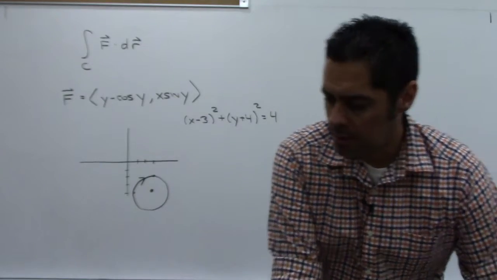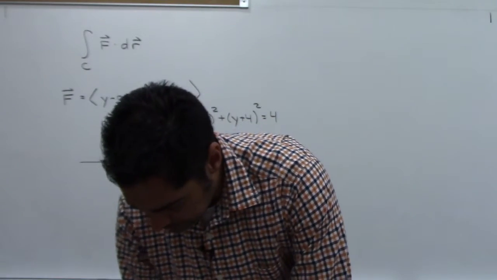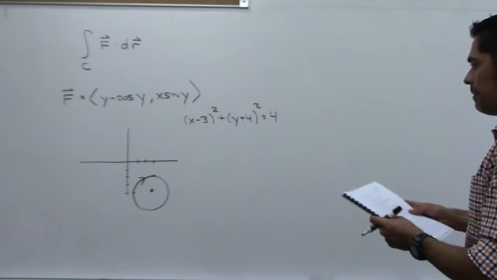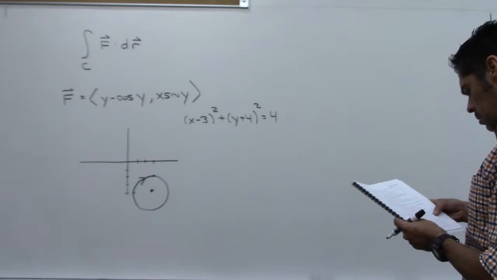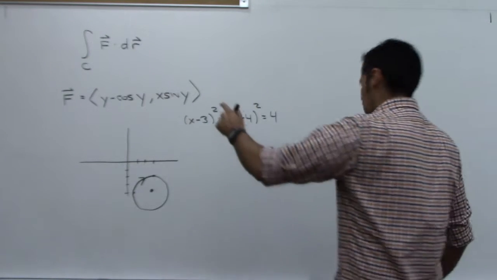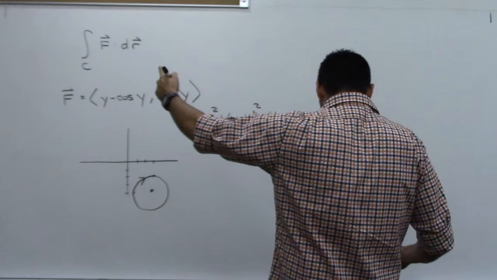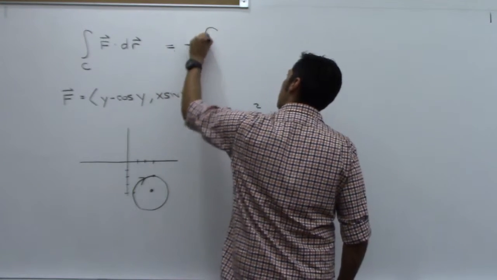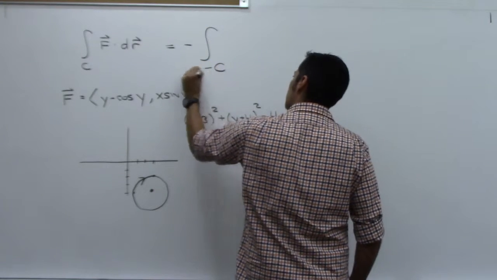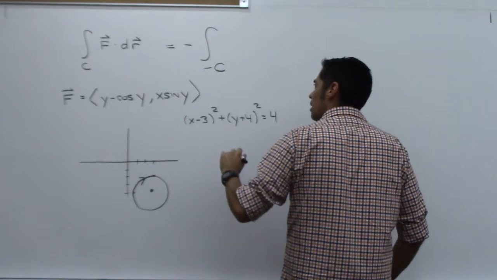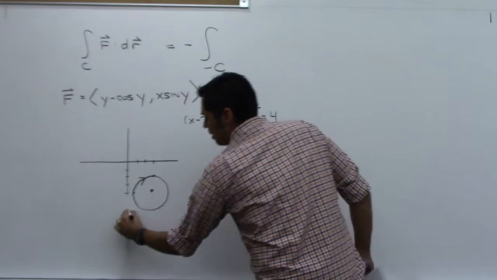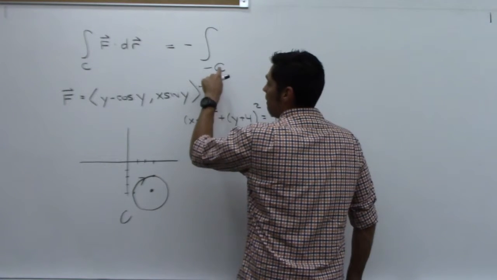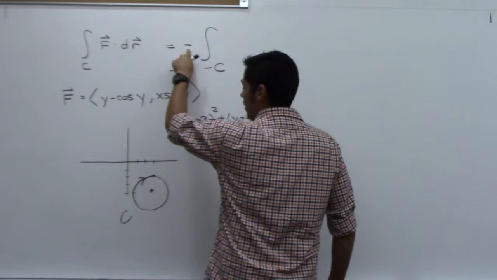All right, so our orientation here on 13, since we want to know this, we're going to actually look at the negative of that over the negative C. So we're reversing the direction and looking at the negative. Remember, if C is clockwise, to use the formula we want to go counterclockwise, which is this. But in order to match it up, we have to put a negative out here.